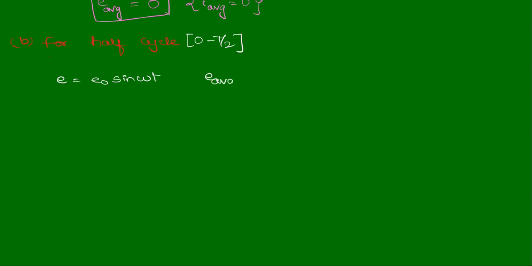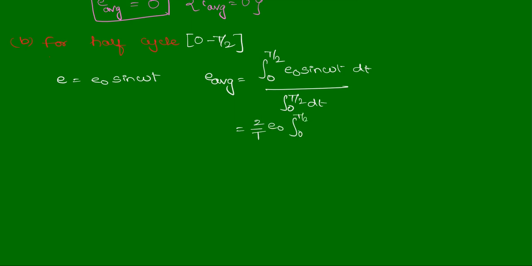So E average value will be equal to integration of 0 to T by 2 E naught sine omega t dt by integration of 0 to T by 2 dt. So in the denominator we will get T by 2. So it becomes 2 by T E naught integration of 0 to T by 2 sine omega t dt, or this will be equal to 2 E naught by T.